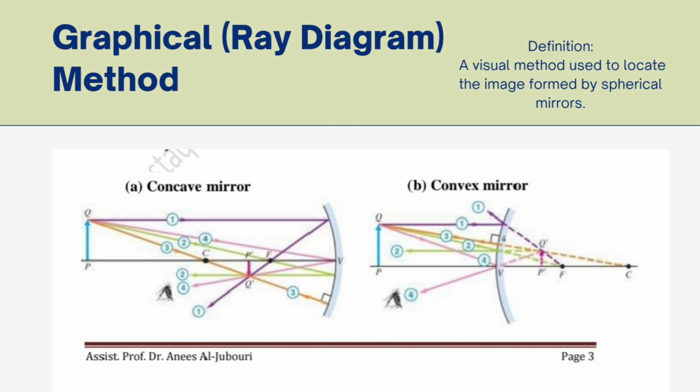However, for the convex mirror, the image is always virtual, upright, and smaller than the object. So the image appears behind the mirror between the pole and the focus. Now, by drawing at least two rays using the ray tracing rules, we can determine where the image is located and what type it is.